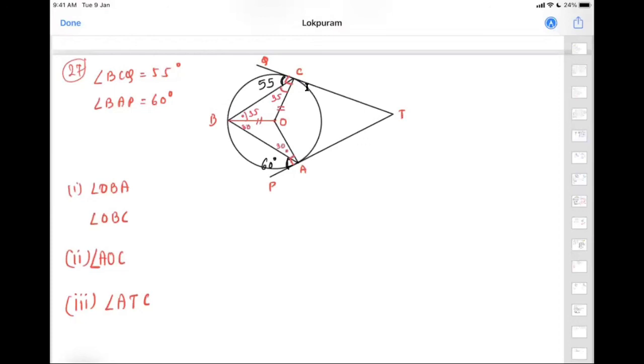This is also 30. तो ये 60 हो गया. So this is 65. So this is 130. So angle AOC is 130 degree. Angle ATC, radius and tangent का है, तो this is 50 degree. समझा? Is this part clear?